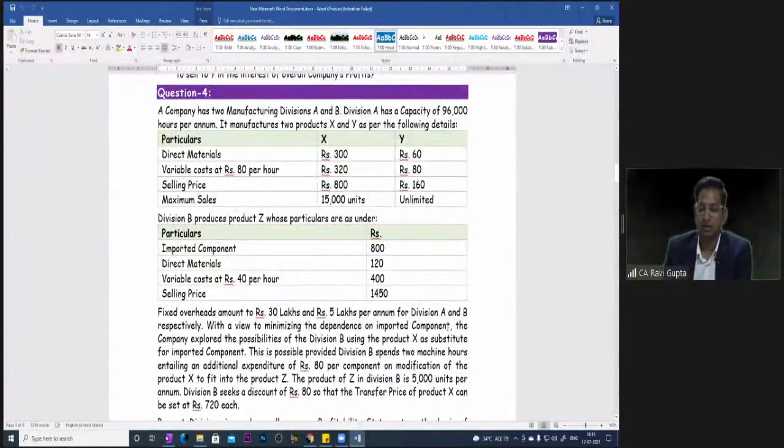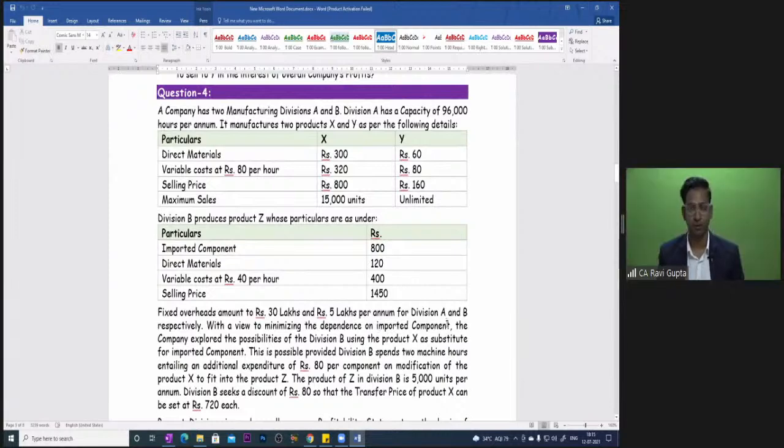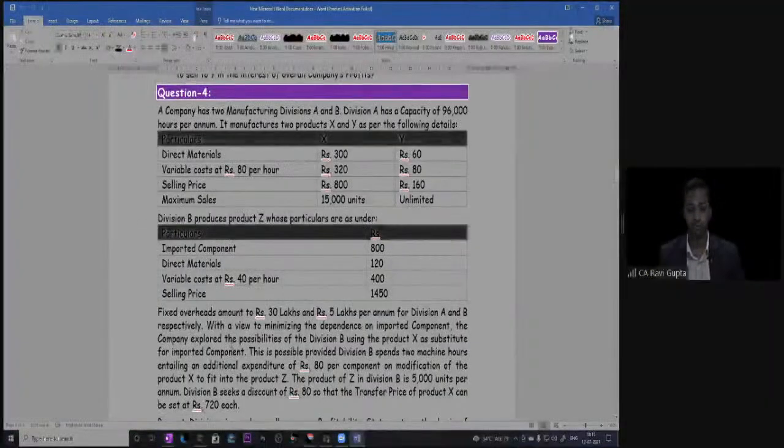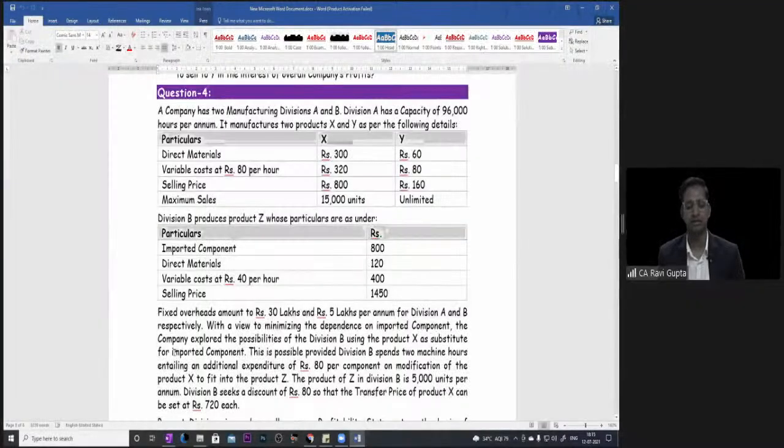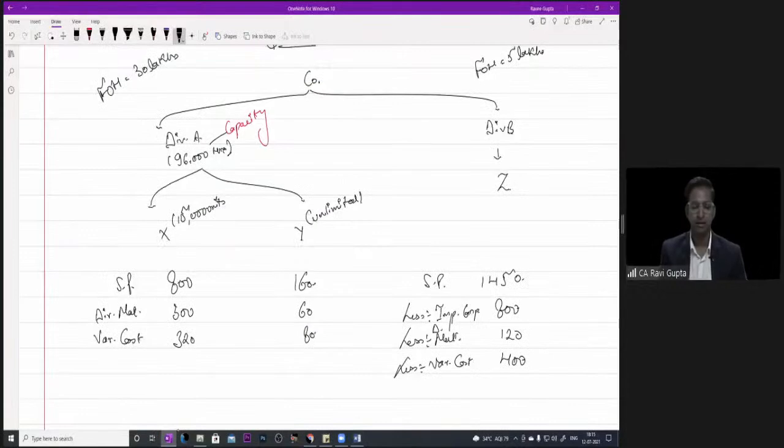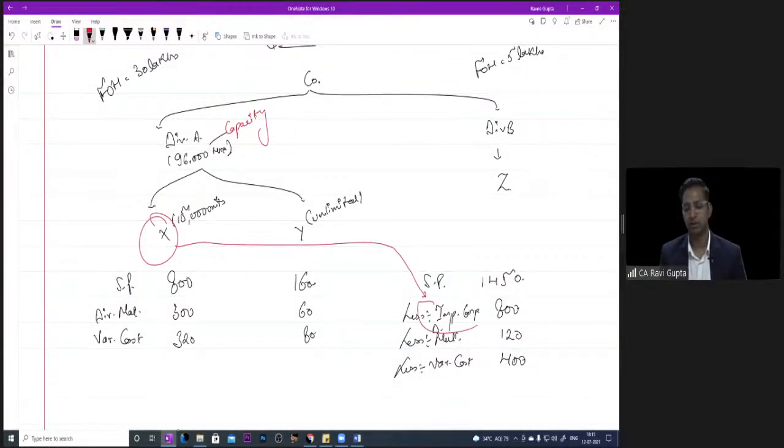Now it's saying that with a view to minimize the dependence on the imported component, the company explored the possibility of division B using the product X as a substitute of imported component. What they are saying is that this component can be used as a substitute to this imported component.